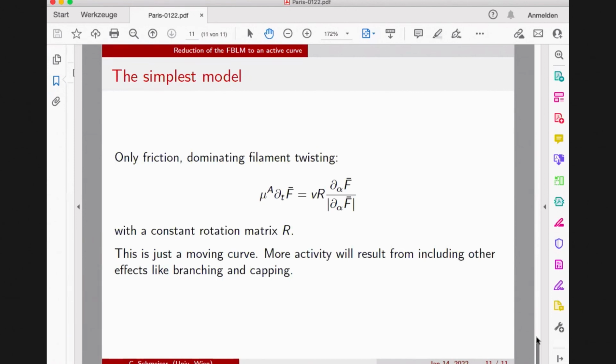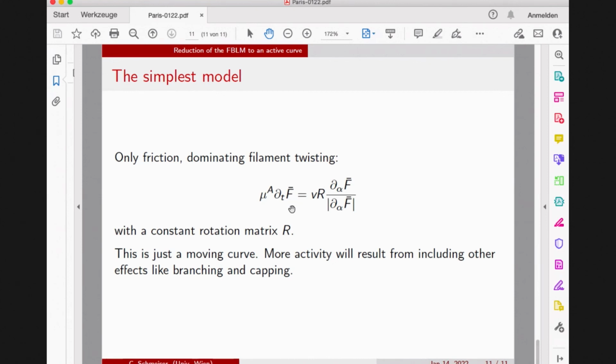Maybe just to get some idea, I give you the ultimate simplest one which you can get, but it is for several reasons not very useful. So this last thing I want to show you, the simplest model, would be that you get such an equation for the capital F bar. This F bar is the position of the filament at the leading edge, so this is just the parameterization of the leading edge.